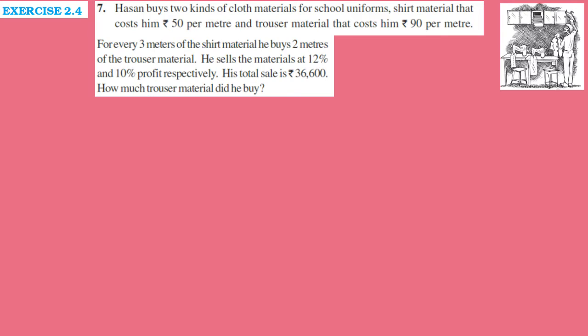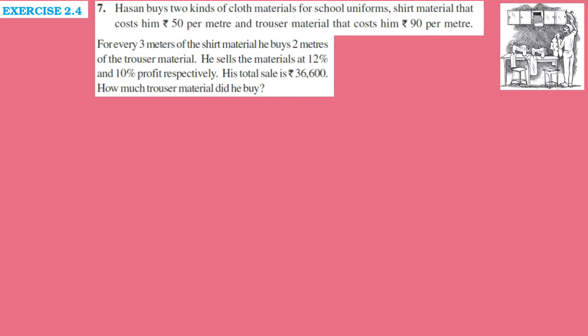So the ratio of the shirt material to the trouser material is what? 3:2. And he is selling at a 12% and 10% profit. That is, 50 rupees is the price per meter of the shirt, but he is not selling it for 50 rupees. He is adding 12% to the 50 rupees, and for that he is selling that.